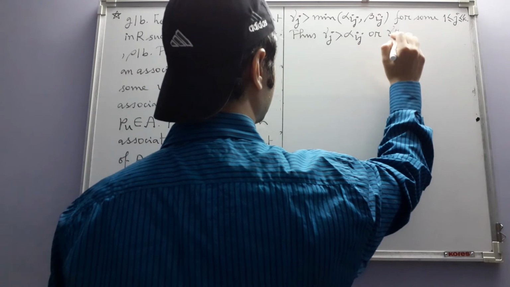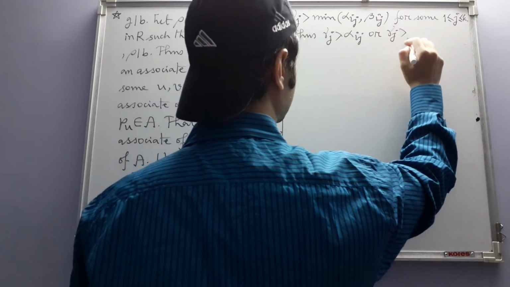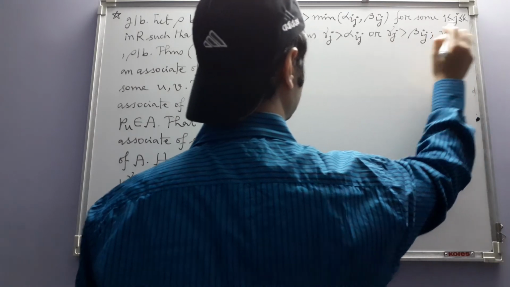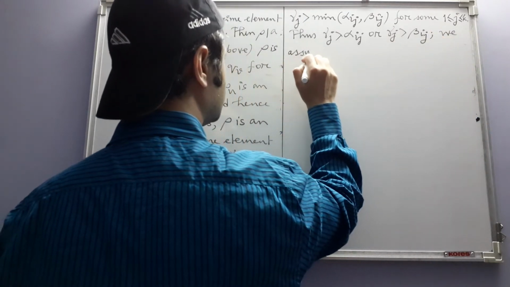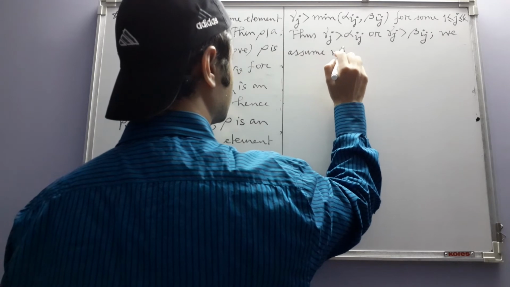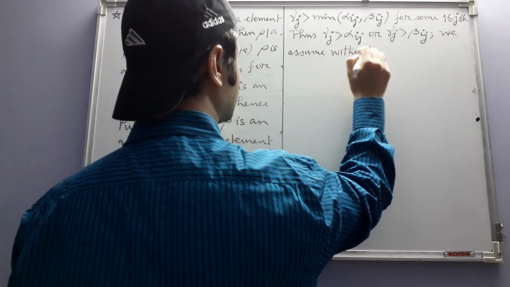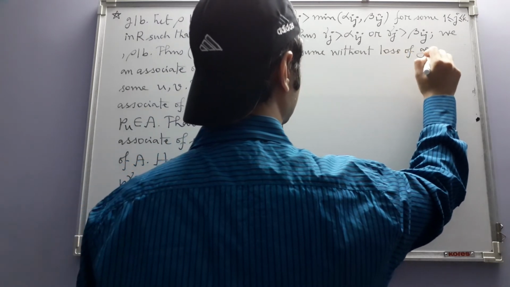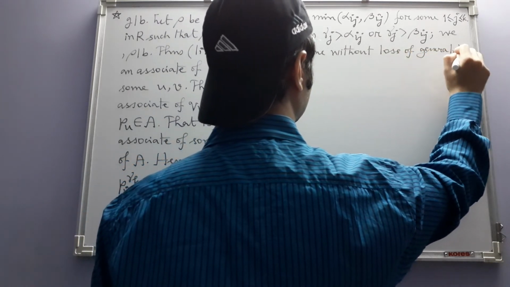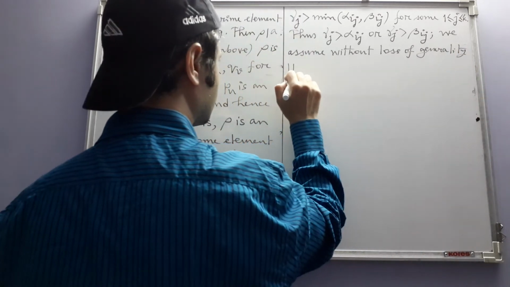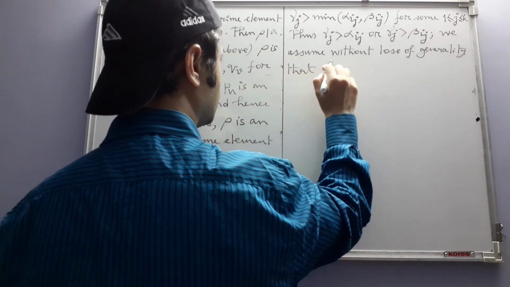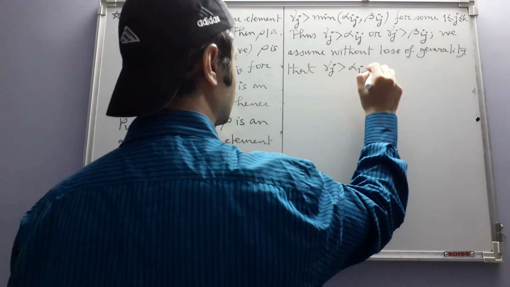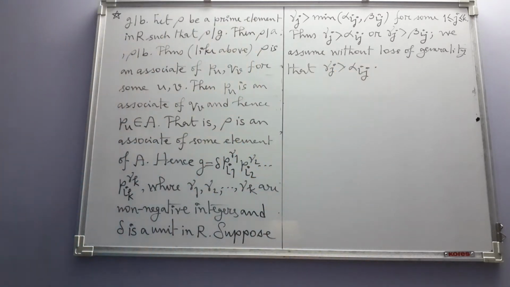Gamma j is greater than beta ij. We assume without loss of generality that gamma j is greater than alpha ij.